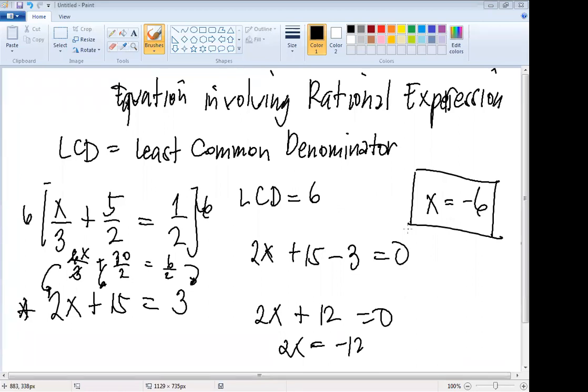Or I will just take a picture and send it in our Line group for this example. Okay, so it worked now.